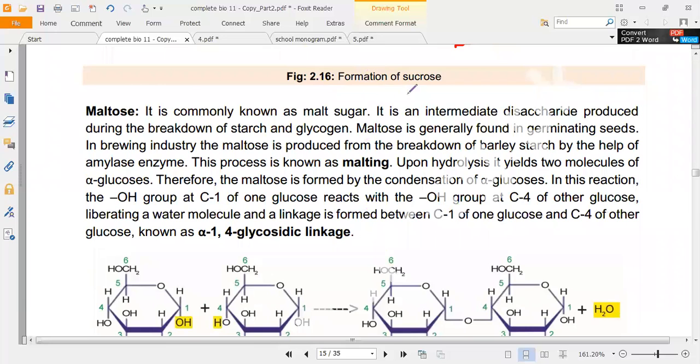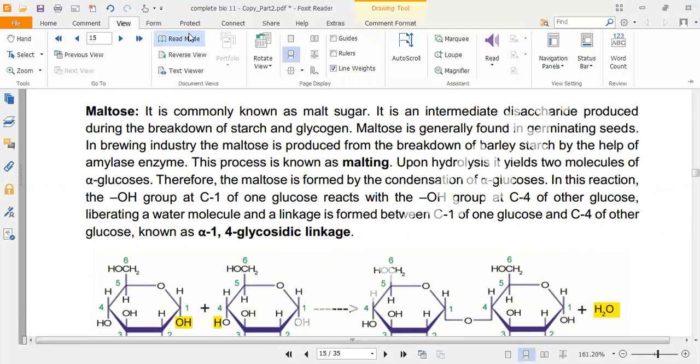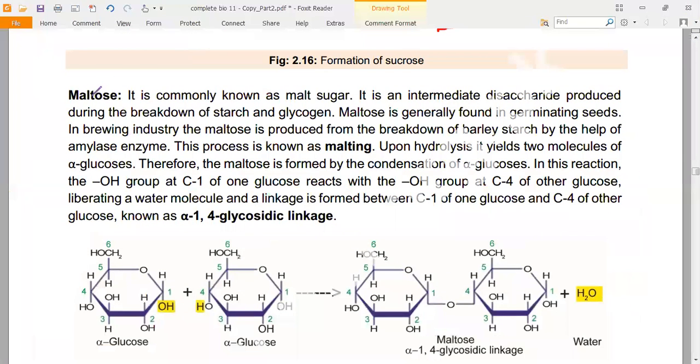Next example is maltose. We can see here it is commonly found in malt sugar, meaning in most of the grains it is present.